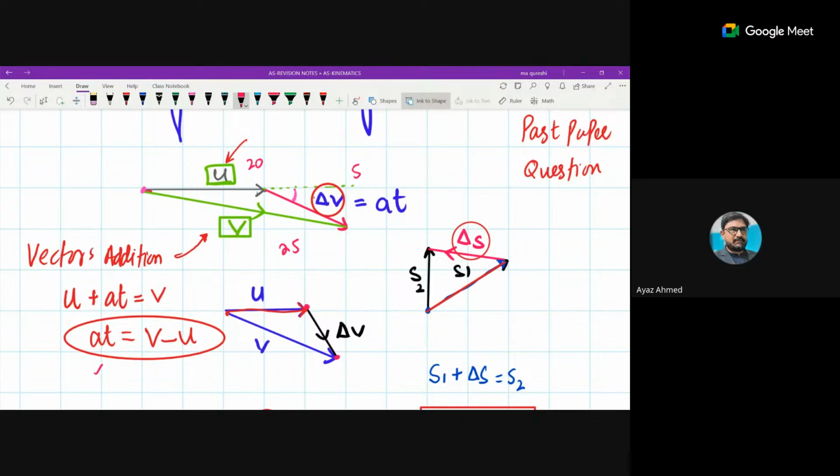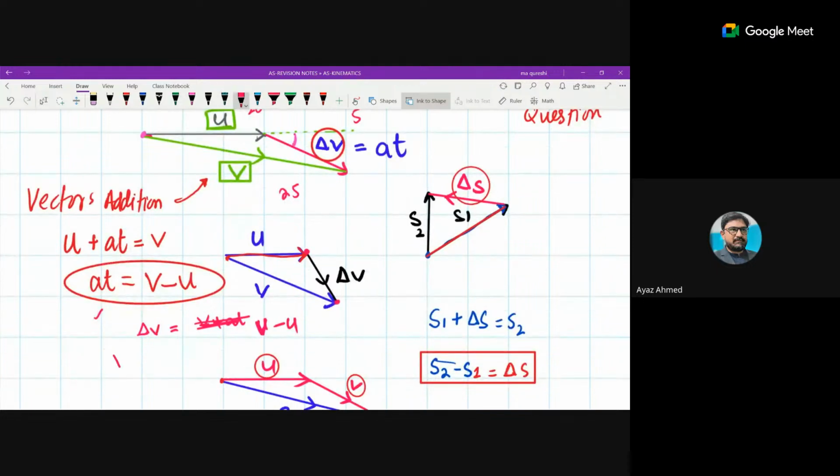So if I say that this change is v minus u, isn't it? V minus u is the change. So what will be the final situation here?